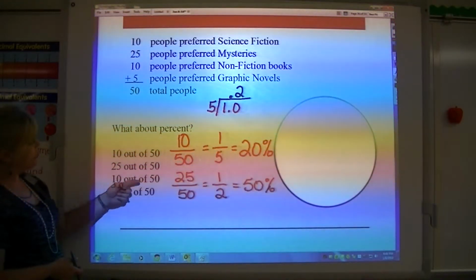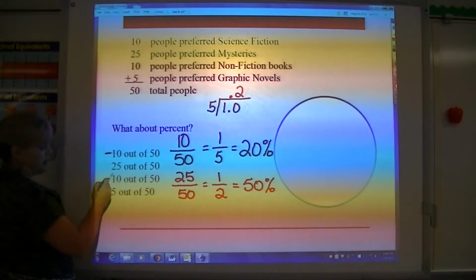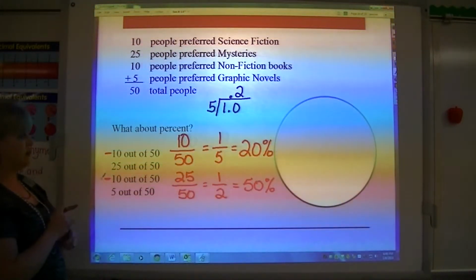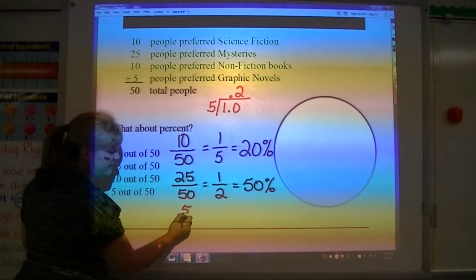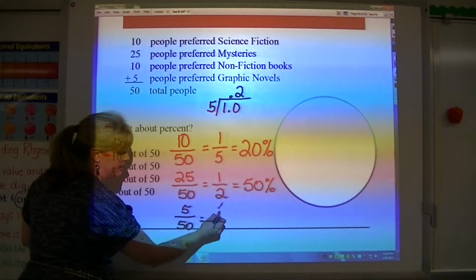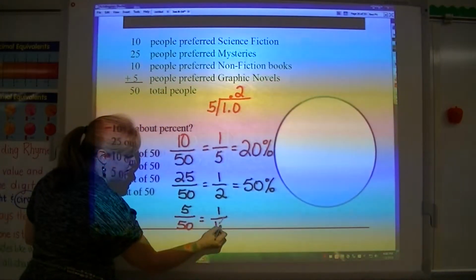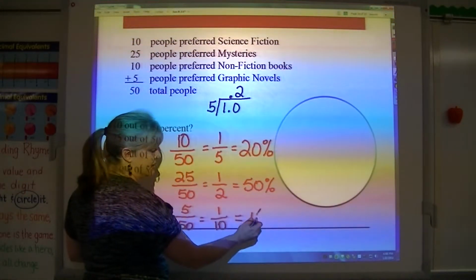Now, again, we have 10 out of 50, so we really don't have to calculate this one more time. It's also going to be 20%. And the last one is 5 out of 50. 5 out of 50 is 1/10. And 1/10 is 10%.